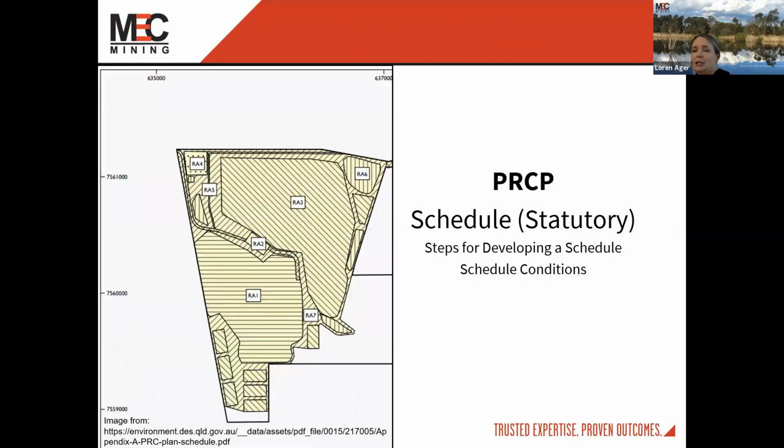The next section is the schedule, the statutory requirement under the PRCP. So the submission obviously includes both the plan and also the schedule, but it's the schedule that is the legally binding document.